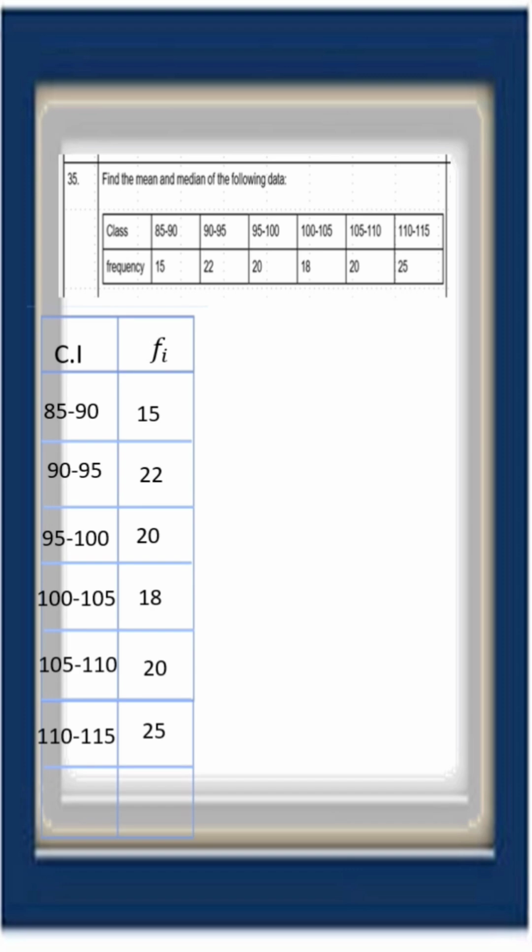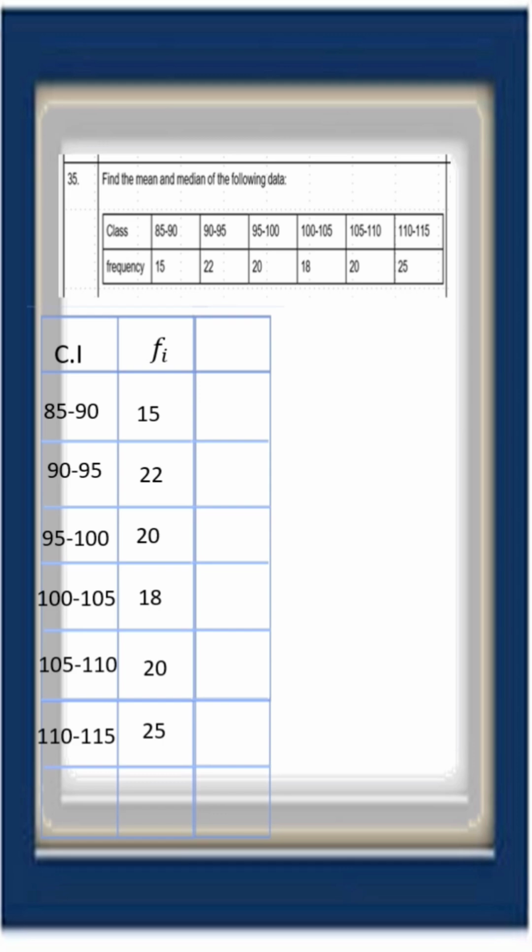Data is given. Now let us write class interval and frequency in the vertical manner. Now let us form a new column to write xi, that is midpoint. How can we find the midpoint?